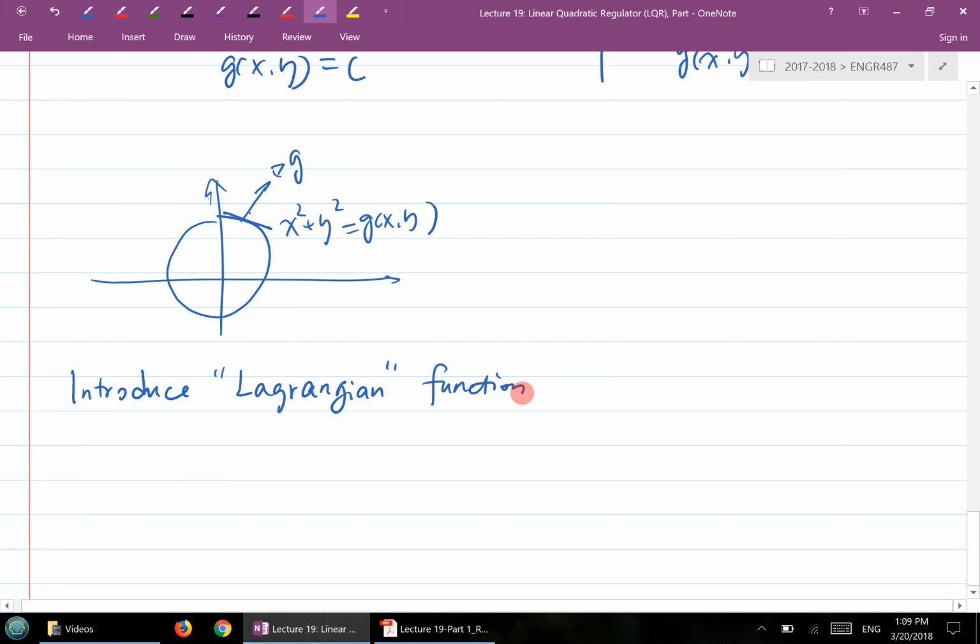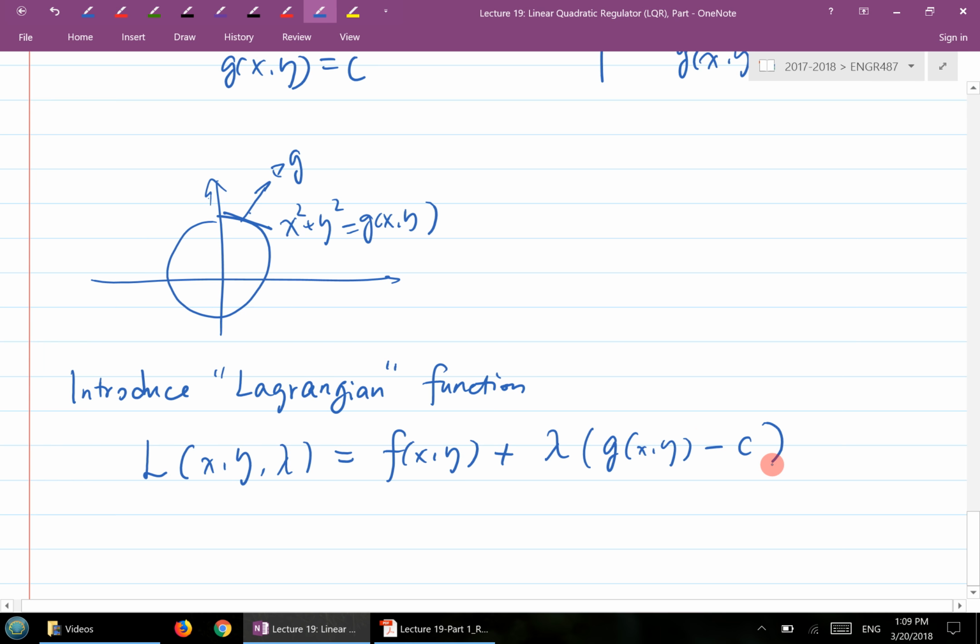This function is defined as L of x, y, lambda equal to f of xy plus lambda times g of xy minus c. So that's a new function called the Lagrangian.